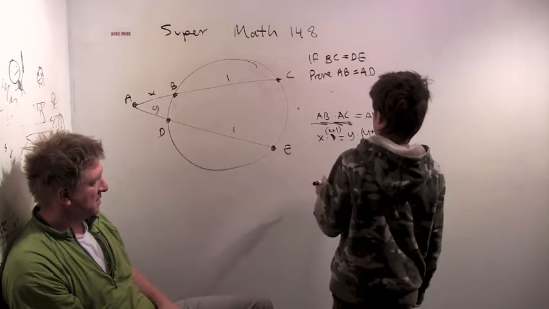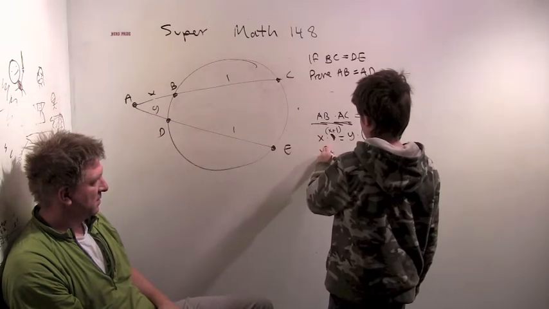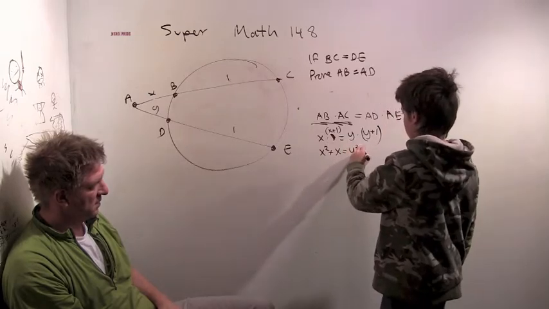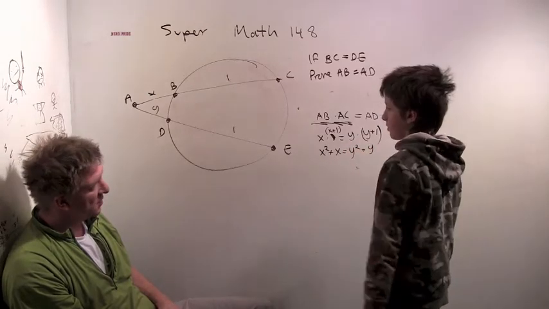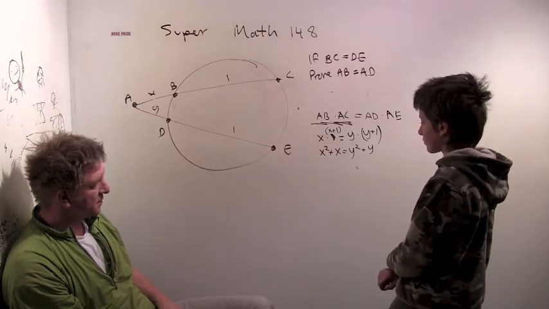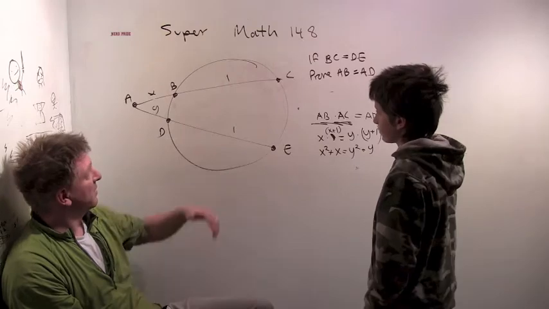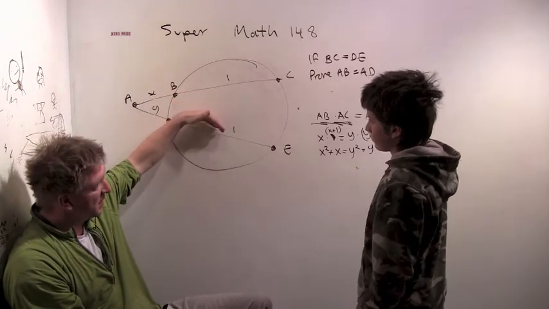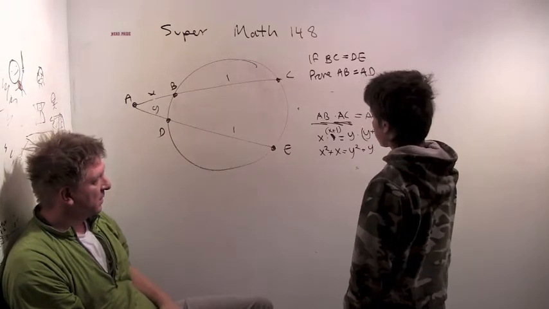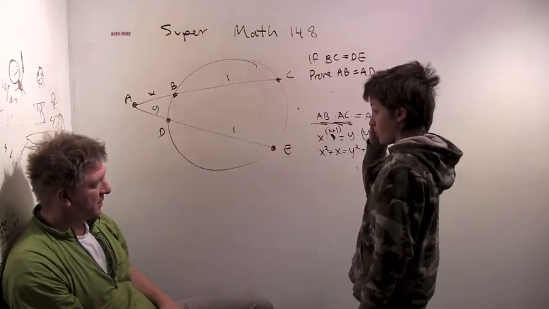So we get x squared plus x is y squared plus y. Without going into detail, you can imagine if I called this a third variable like z, we would now have an even more complicated equation. We're trying to show that x has to equal y here.